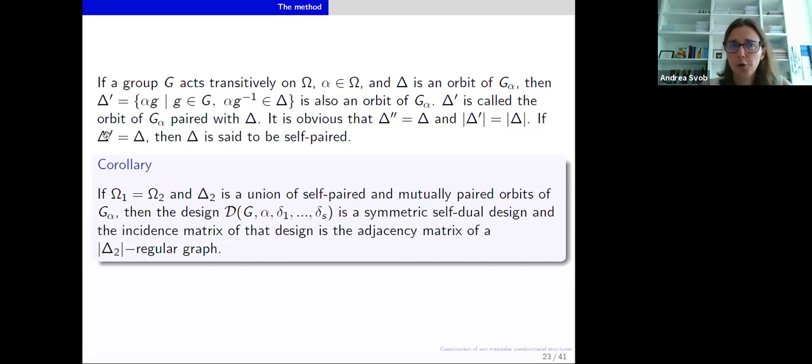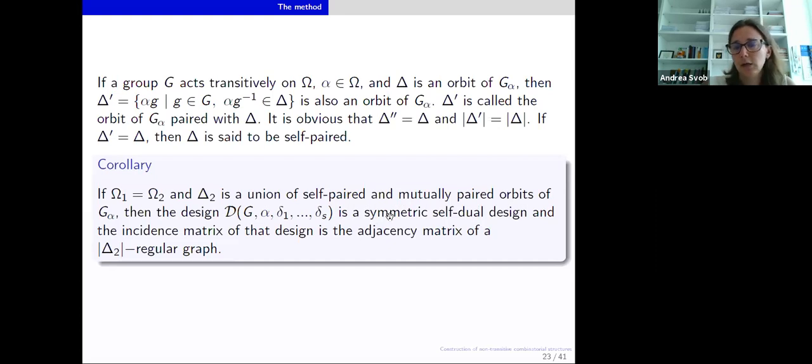Okay, when these two orbits, delta prime and delta, are equal, then this orbit is said to be self-paired. Why do we need this? We need this because in the previous method, when these two sets are equal, and for your base block delta is a union of self-paired and mutually paired orbits of the stabilizer G alpha, then the design will be a symmetric, self-dual design, which is fantastic because a symmetric design has a symmetric incidence matrix.